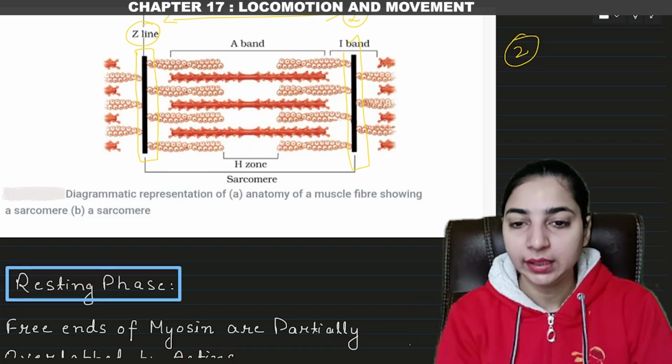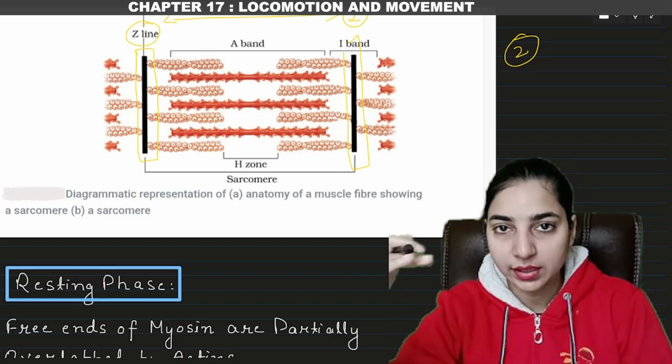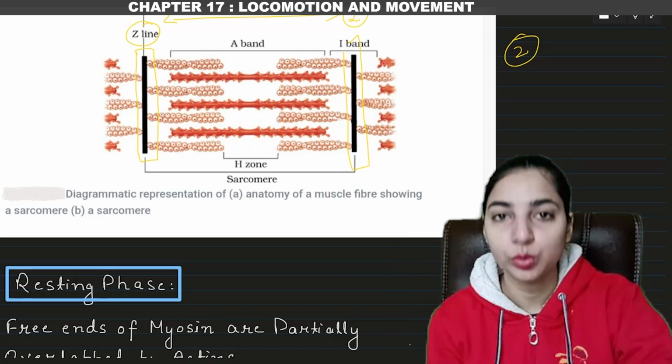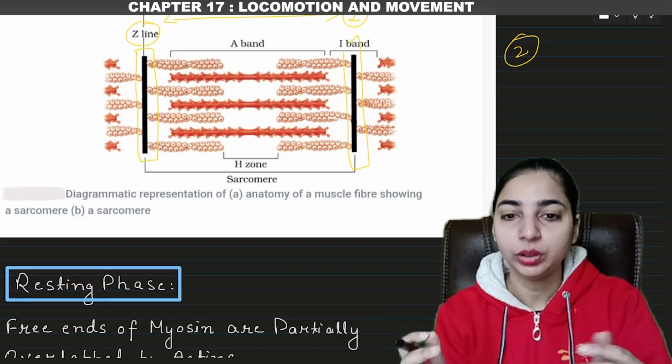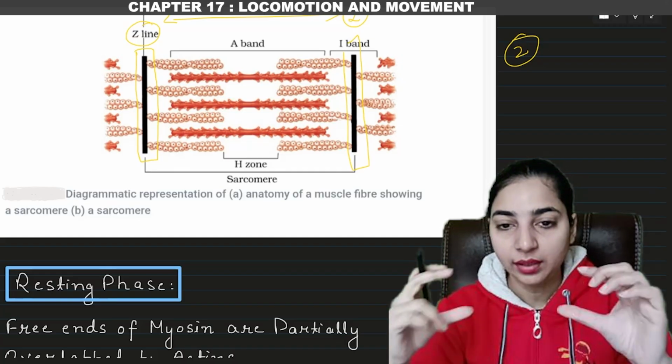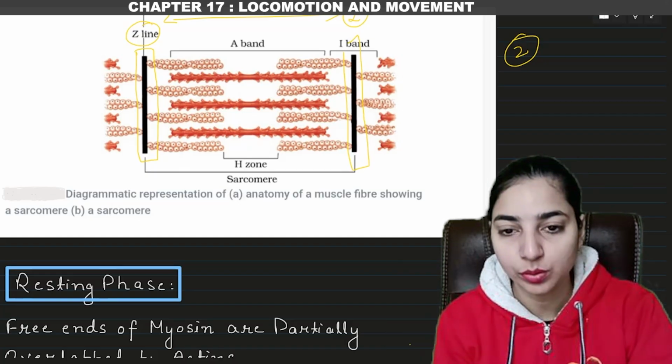Okay, another thing that you can see here is that these dark red parts parallel to each other are myosin. Both the ends of the myosin, or both the ends of the A band, are partially overlapped by the I band. Can you see this?